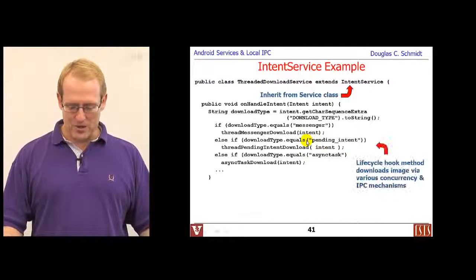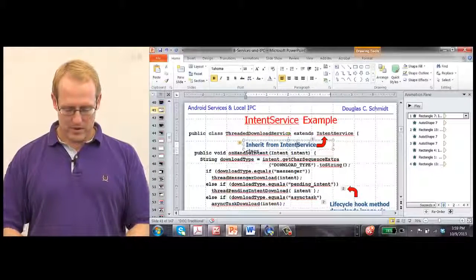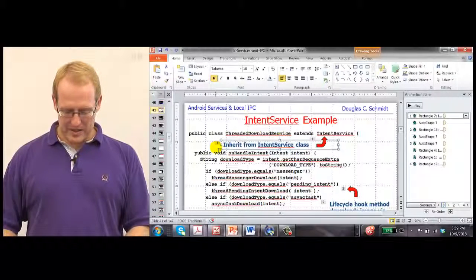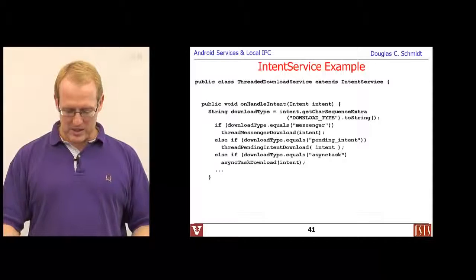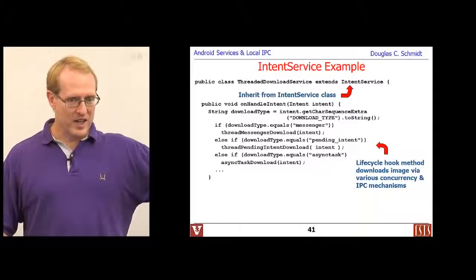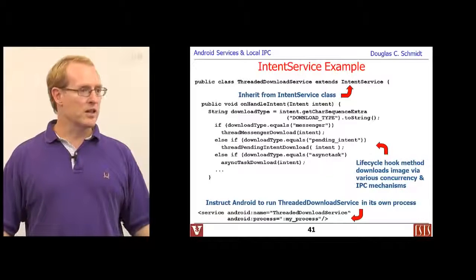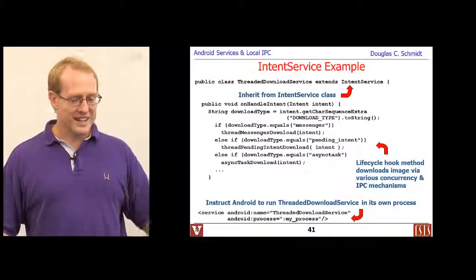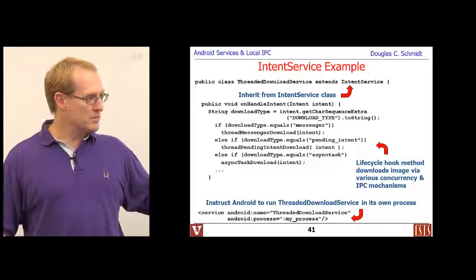So we inherit from the IntentService class, and the onHandleIntent method is basically this lifecycle hook method that is called back by the IntentService, as we just saw in the code. And if you want this thing to run in a separate process, you just have to add this little metadata to your manifest file, and that'll say run this thing in its own process.